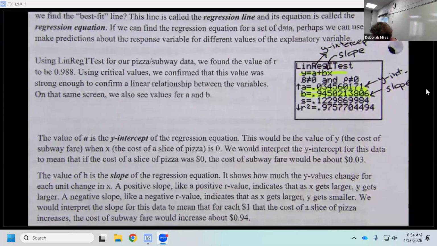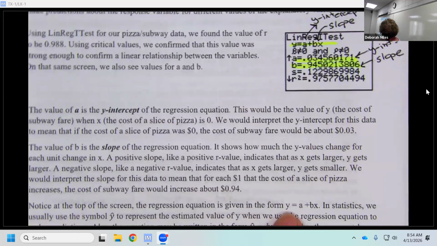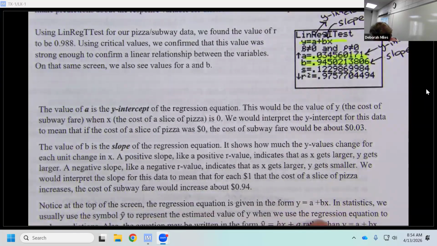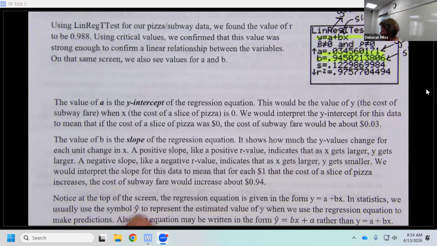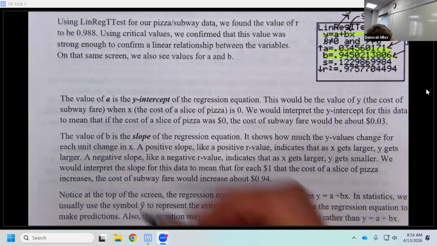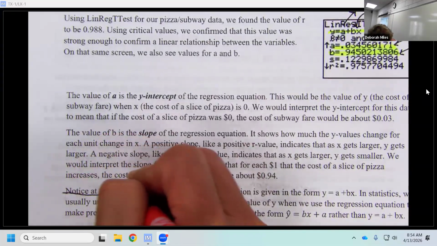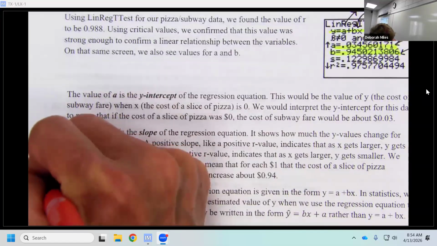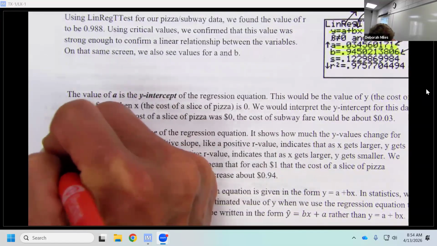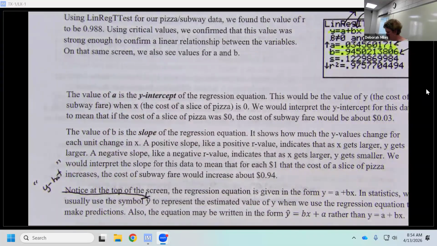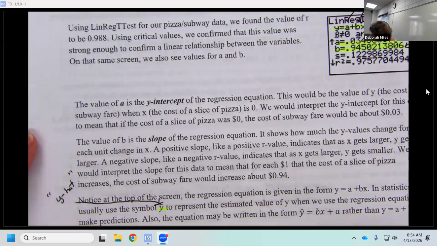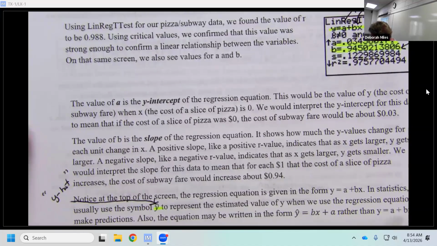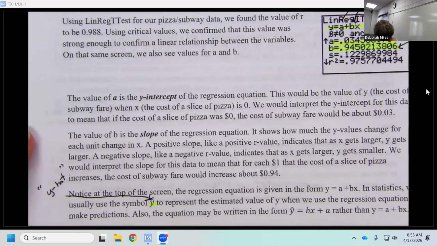Notice at the top of the equation, the regression equation is given in the form A plus BX. In statistics, we usually use Y hat. That's really how you pronounce it. Y hat is the estimated value of Y when we use the regression equation to make predictions.